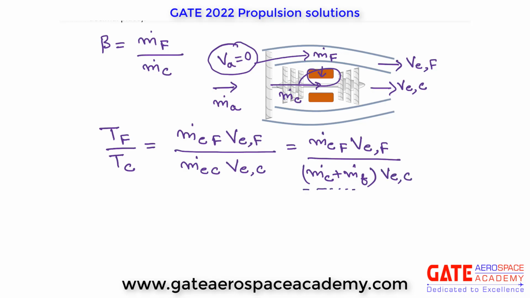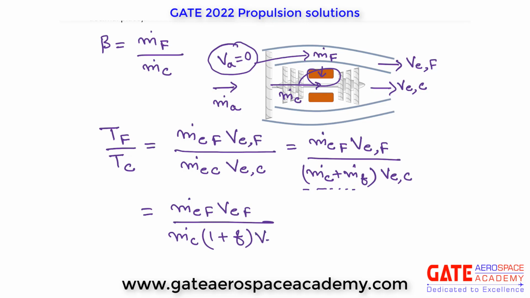Now from here we can take m dot C common, so it will be m dot E F VE F upon m dot C common, so it will be 1 plus m dot F upon m dot C, which we can write F, correct?